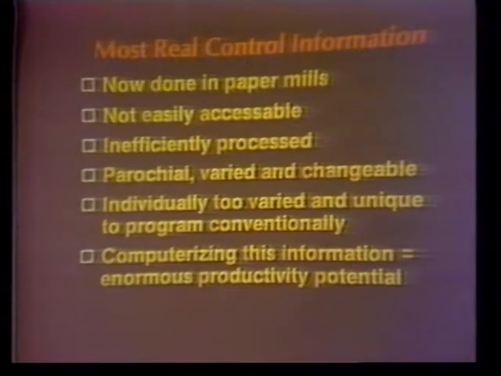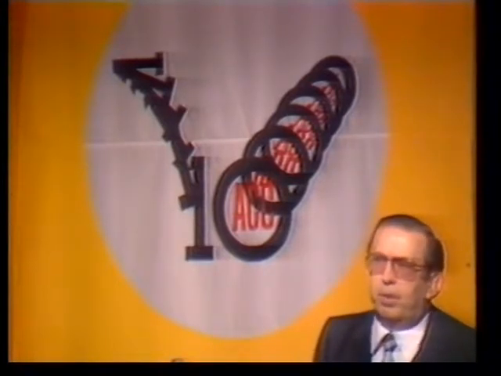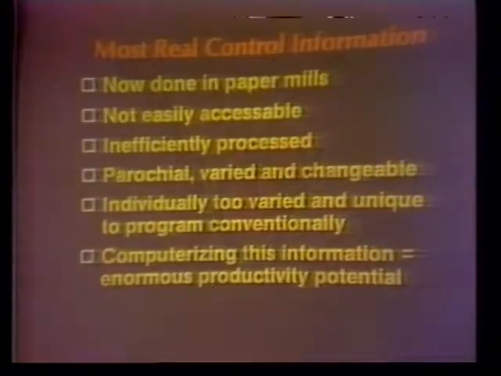But there's also been some talk about something called an invisible backlog. In other words, users know that they've already made requests that are going to take a year or two to get to, and so they've stopped asking for a lot of other things that they would like to do with computers. And that's really where this real control information falls. I think that this is part of a majority of the invisible backlog.